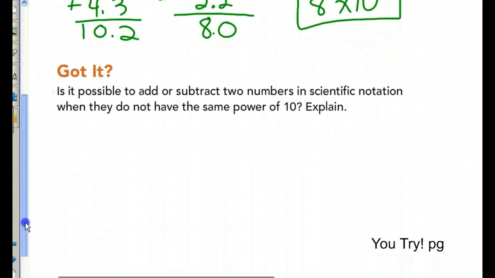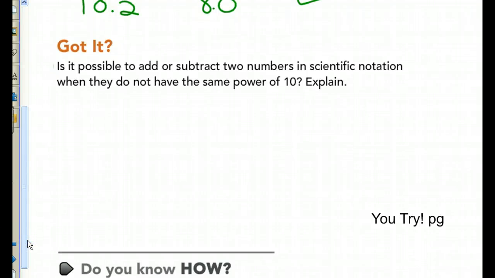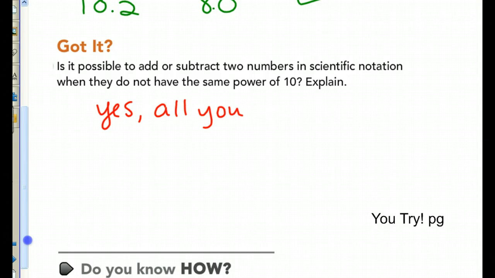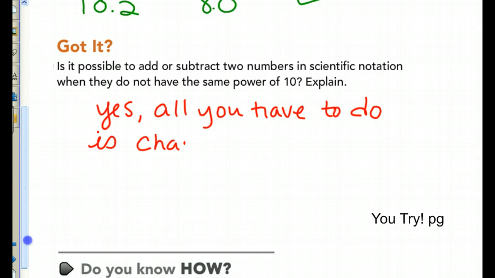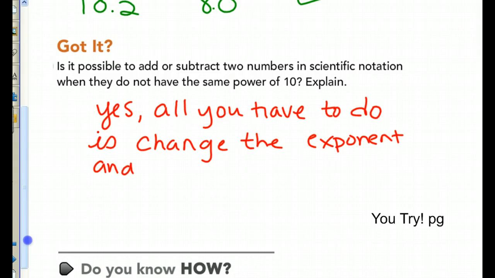So down here it says, is it possible to add or subtract two numbers in scientific notation when they do not have the same power of 10? And explain. And yes, it is possible. All you have to do is change the power of 10, or the exponent, and the coefficient, which we had practice with on Monday.